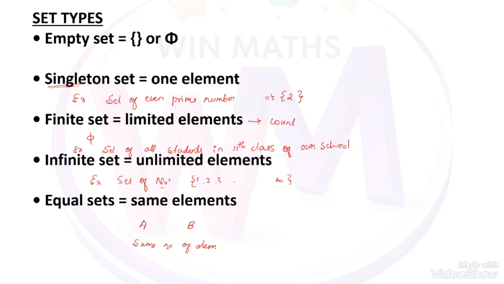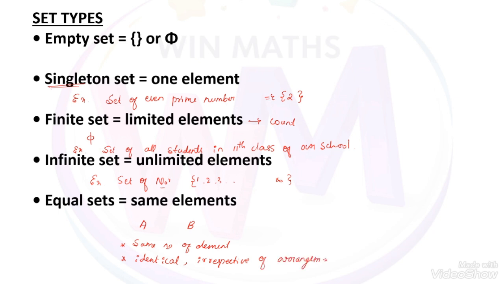That is the first condition for equal sets. Then the elements should be identical irrespective of arrangement.